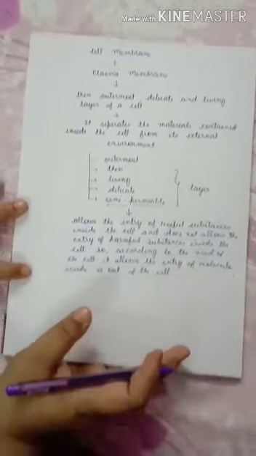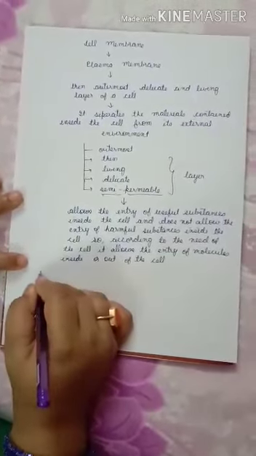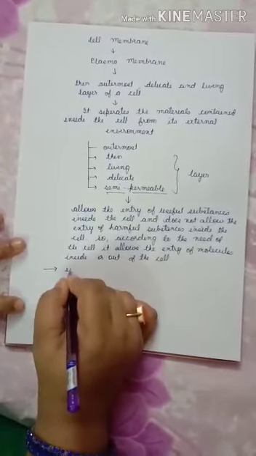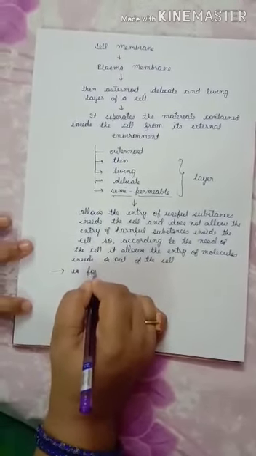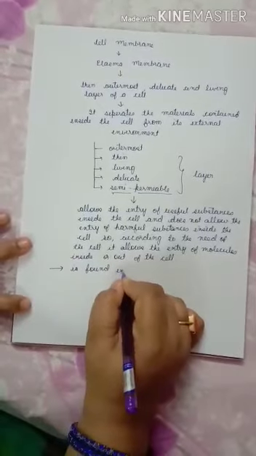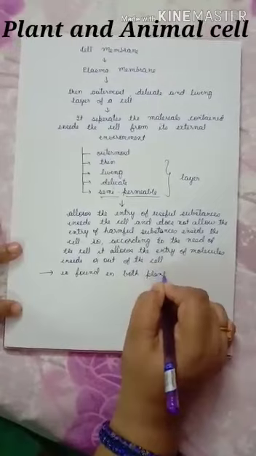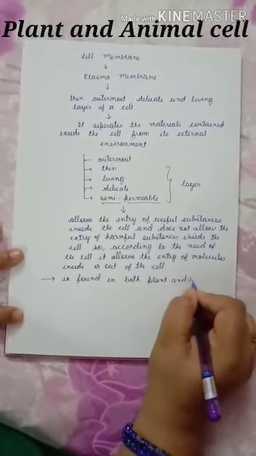Second, one more important point is that this plasma membrane or cell membrane is found in both plant and animal cell.